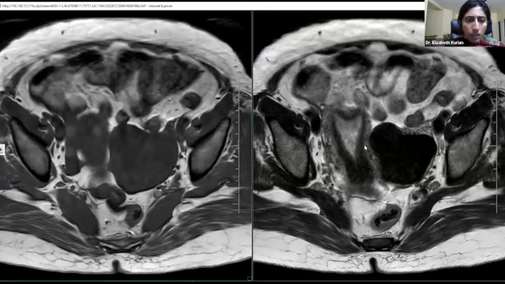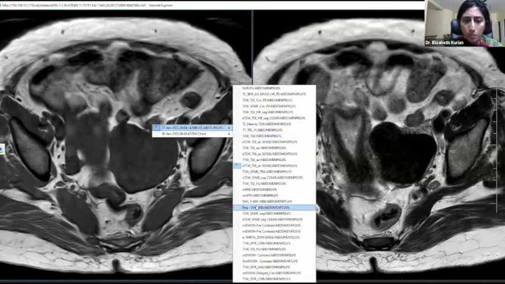In T1 weighted images, the lesion appears iso to hypo-intense to the adjacent muscle. So it is a solid lesion which is T2 and T1 hypo-intense.